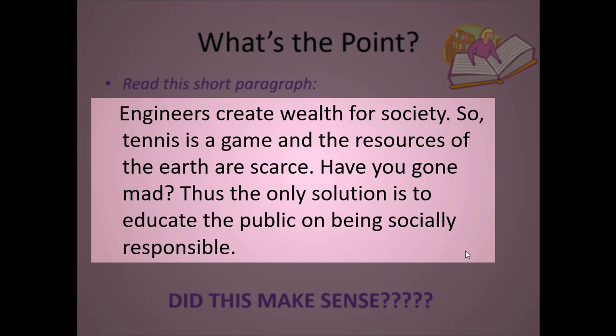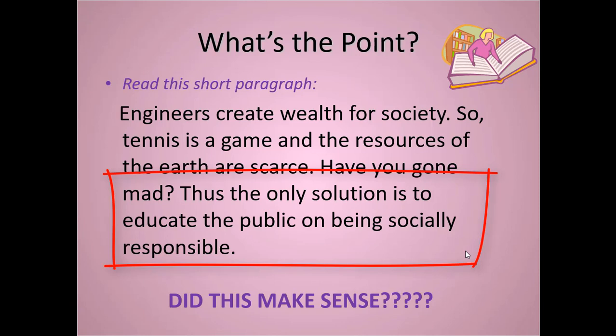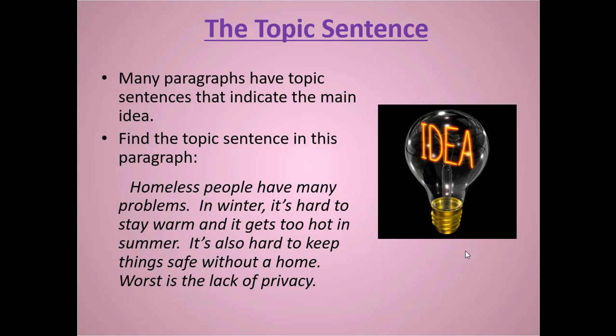And then what happens with the third sentence? Have you gone mad? So it is irrelevant. And what is the last sentence? Thus the only solution is to educate the public on being socially responsible. So it is irrelevant. So this is not a good paragraph because one sentence and another sentence are totally not connected. Okay, now let's move on.